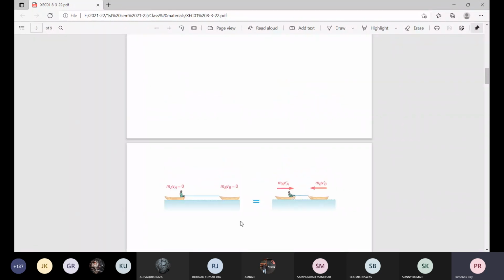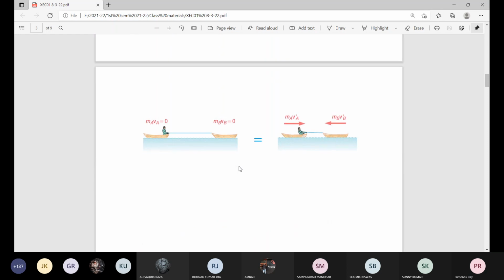And if forces are in the form of action and reaction, then take a very simple example like this. Suppose two boats are there, connected by a rope, and you are sitting on one boat. The mass of this system is mA. Initially there is no velocity here, and here there is also no velocity. Simply these two boats are floating on a still water body, and you are holding that rope.